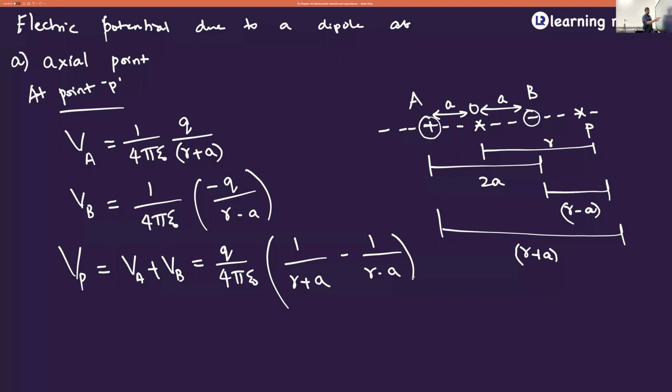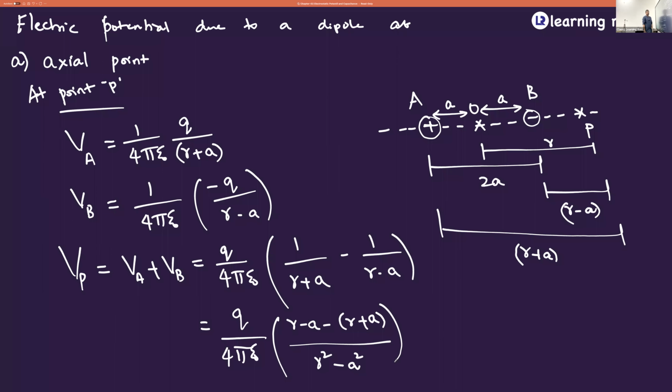So q divided by 4 pi epsilon naught into r minus a minus of r plus a, the whole divided by r square minus a square. The r's get cancelled. What are you left with? Minus 2a multiplied with q. 2a multiplied with q is the dipole moment, but there is a minus sign.